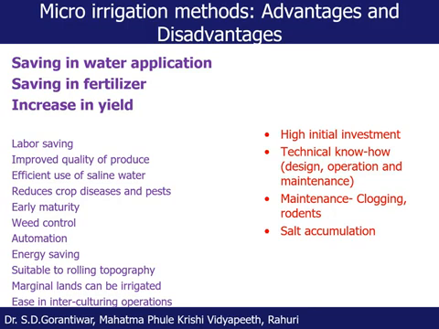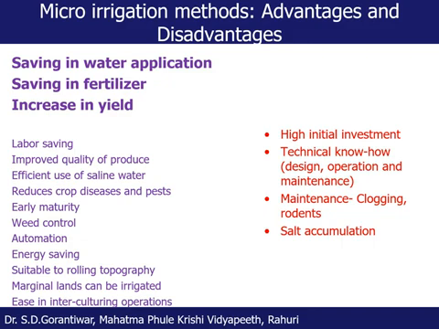Of course, with so many advantages, there are certain limitations as well. Otherwise, this method would have been applied or adopted on the entire irrigated land all over the world. Okay, there are certain disadvantages and limitations associated with this method.